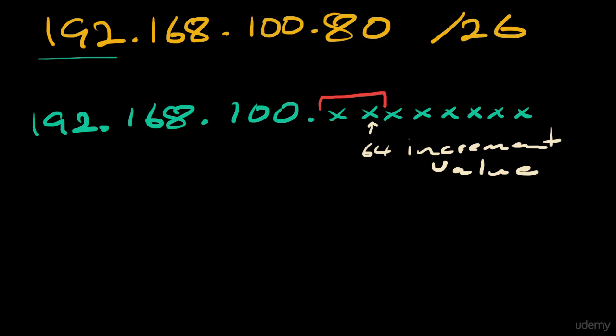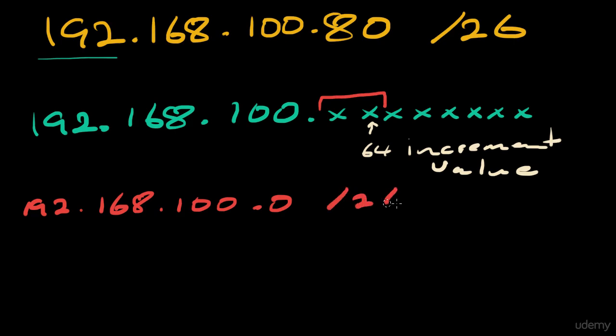Therefore, our subnets are the original 192.168.100.0. All of these are using /26. The next one is 192.168.100.64.